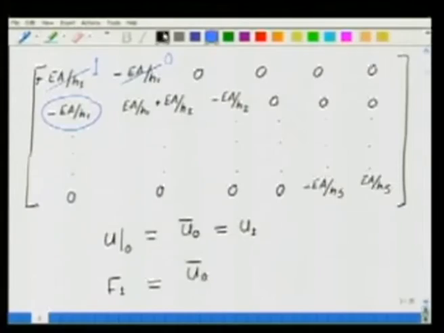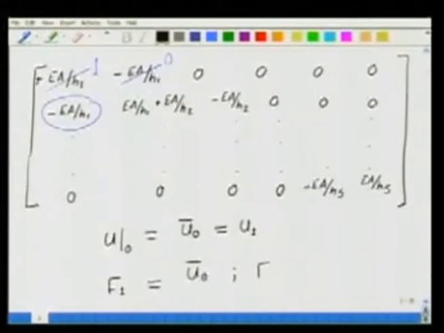So what we do next is, for all other equations, that is for i equal to 2 and more, we will put Fi equal to the original Fi minus K, sorry, minus.